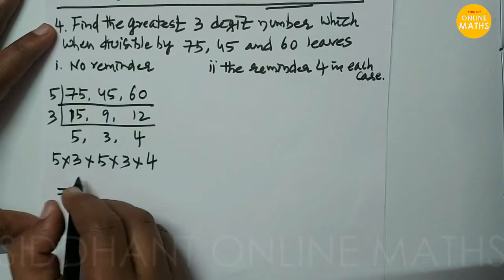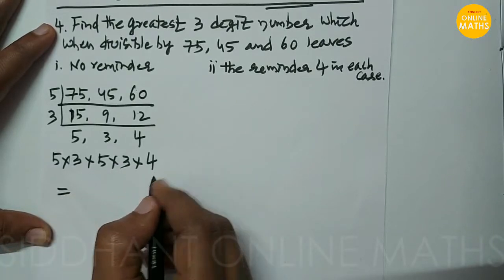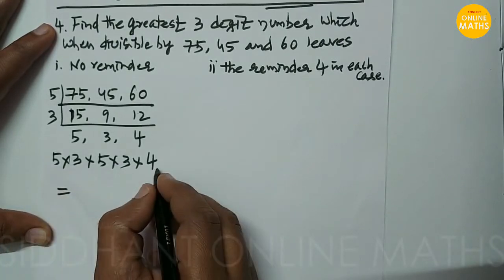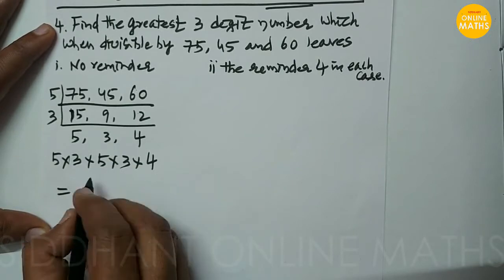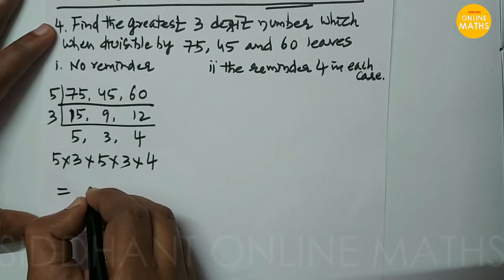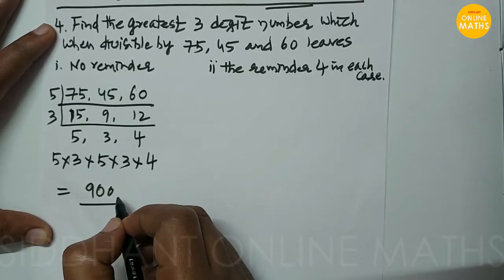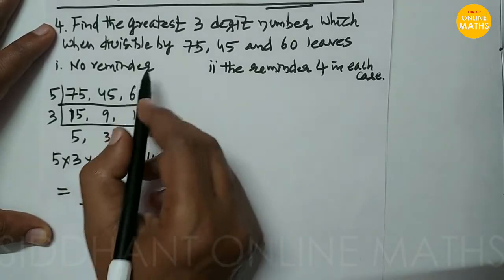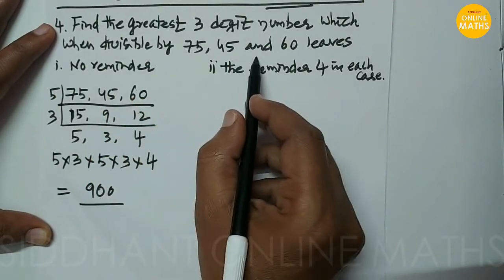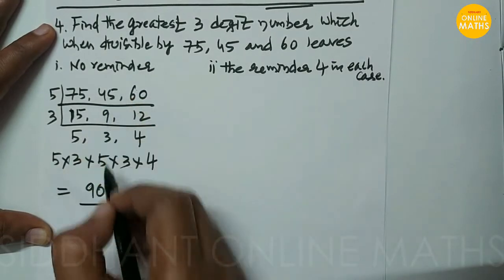So when you multiply 5 into 3, 5 into 3 into 4, 15 into 15 into 4, so that gives 900. So this is the greatest 3-digit number which when divisible by 75, 45 and 60 gives no remainder.